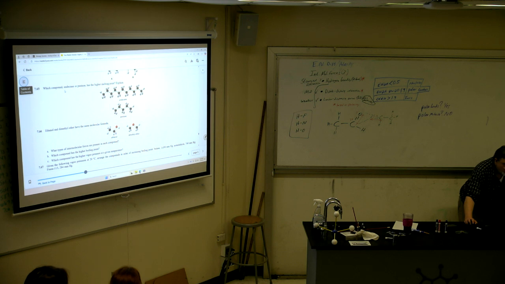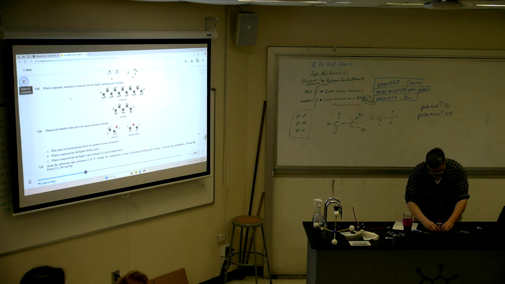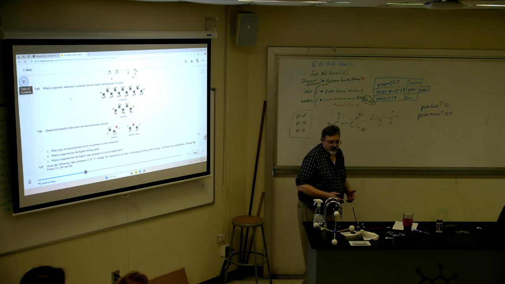Which compound, this or this, has a higher melting point? When it comes to melting points, and I can say melting points or boiling points, this is true of both.